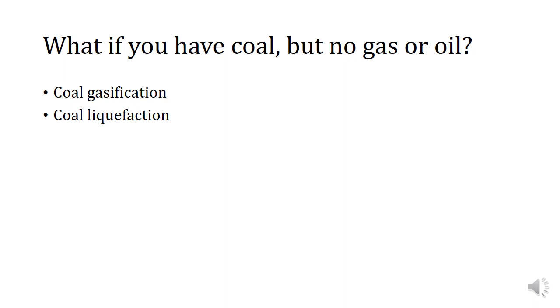You can do either coal gasification, which forms methane and things like that, or coal liquefaction, which forms big, long carbon chains that look like petrol, that look like oils.